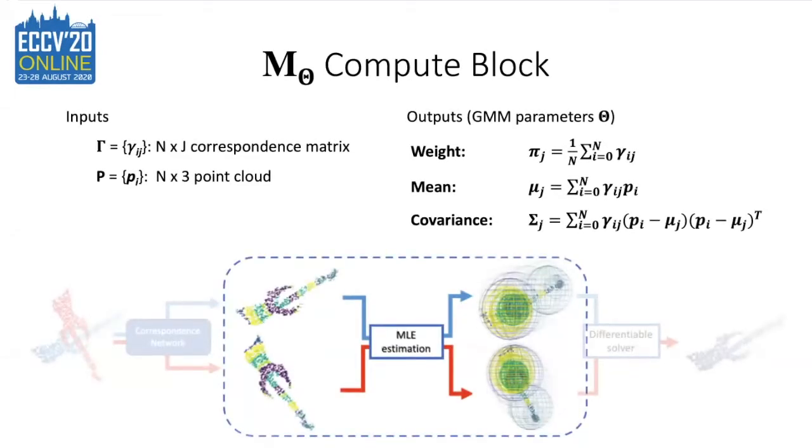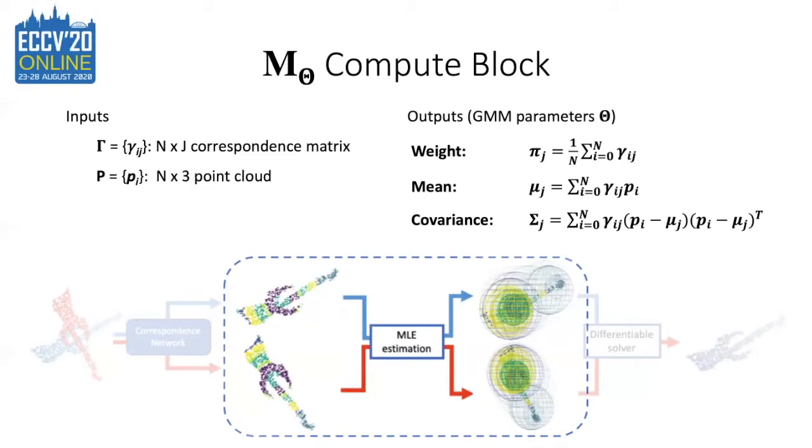The first compute block, denoted M_theta, takes the output of the correspondence network and computes the parameters of the latent Gaussian mixture model, including mixture weights, component means, and covariances. Given the correspondences between input points and the GMM components, the maximum likelihood parameters can be computed in closed form using the equations shown here.